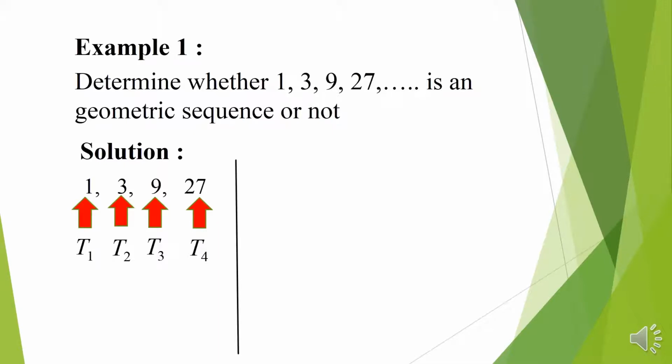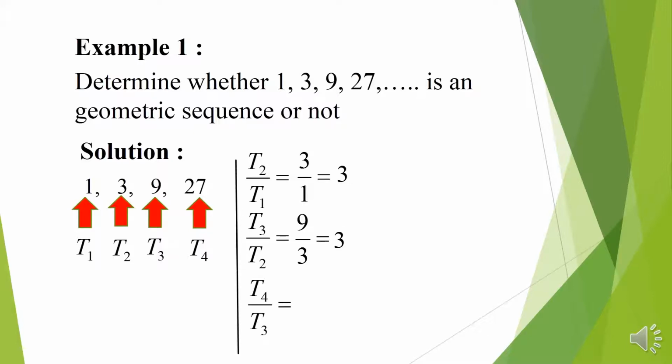We try to find T2 over T1, which is 3 over 1, equal to 3. Then T3 over T2 is 9 over 3, equal to 3. And the last one, T4 over T3, is 27 over 9, which is also equal to 3.